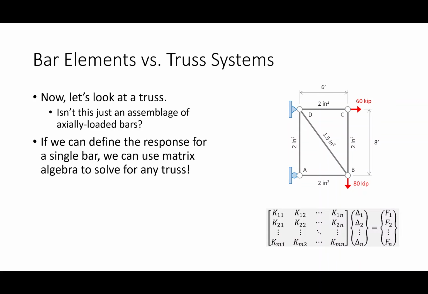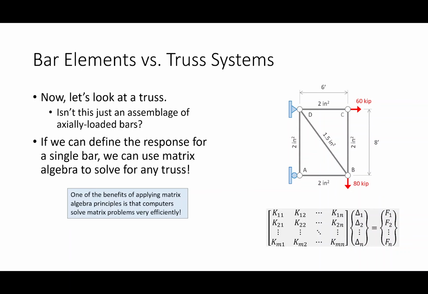So specifically what we're going to try and do is describe this system like this, okay? So instead of a stiffness term times a displacement term equals a force term, we're going to say a stiffness matrix times a displacement vector equals a force vector, okay? And so the idea is we're going to write this in matrix format because computers do a really good job at solving matrices, okay?